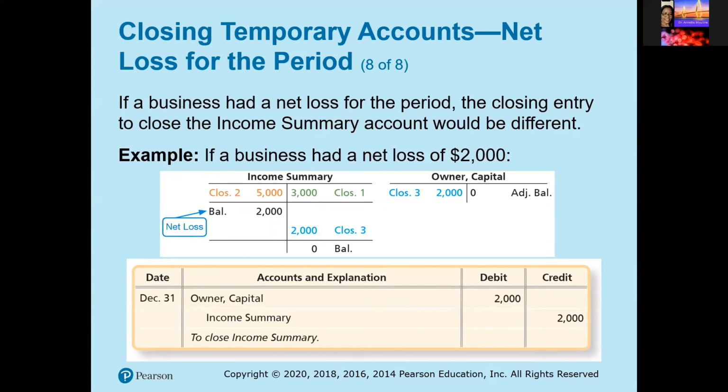Suppose a business had a net loss of $2,000, as we see here. The income summary T account would hold a debit balance instead of a credit balance. Therefore, the closing entry to close income summary would be a debit to owner capital and a credit to income summary. So the effect of this closing entry decreases owner capital.